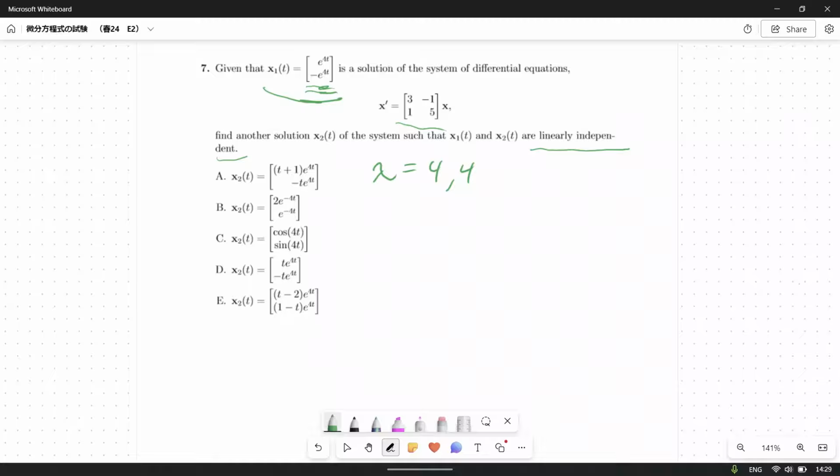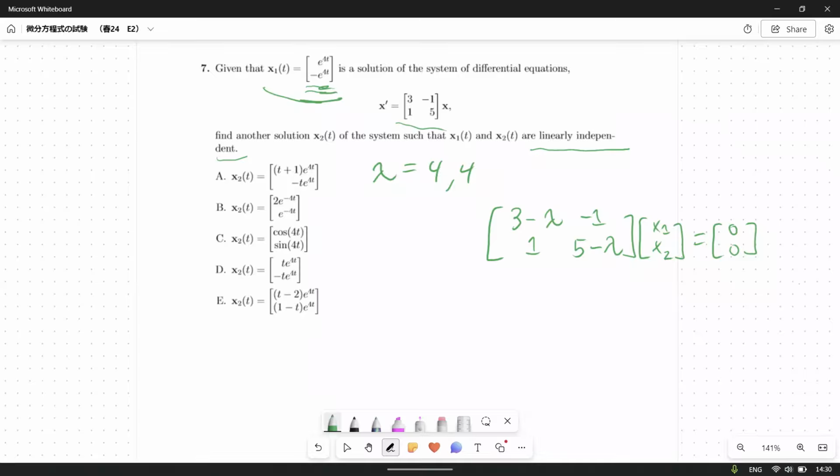Because usually, once you find your eigenvalues, you plug the eigenvalue back into this matrix, which in this case would be 3 minus lambda, negative 1, 1, 5 minus lambda, multiplied by x sub 1 and x sub 2 equal to 0, 0, and then from here you can come up with an eigenvector. But in this case, we have to do something a little bit different.